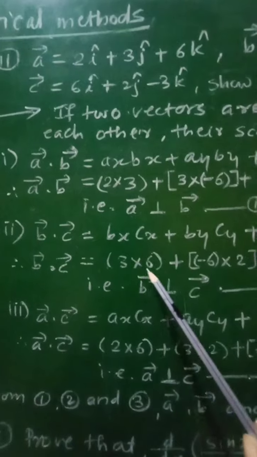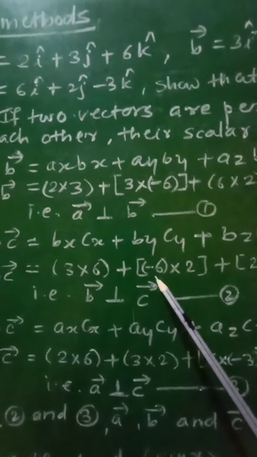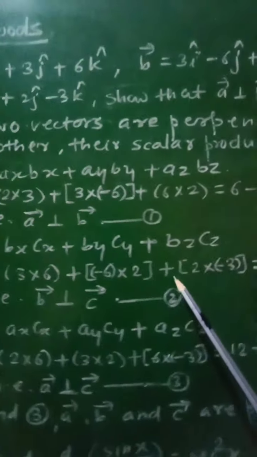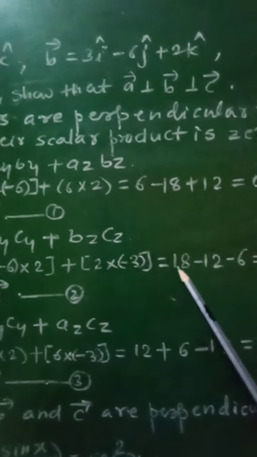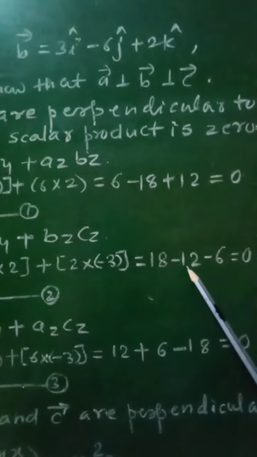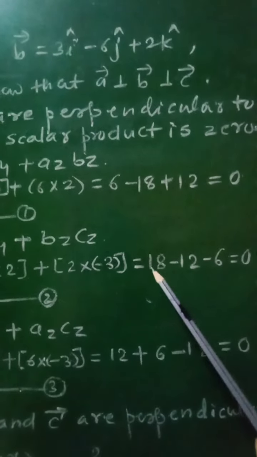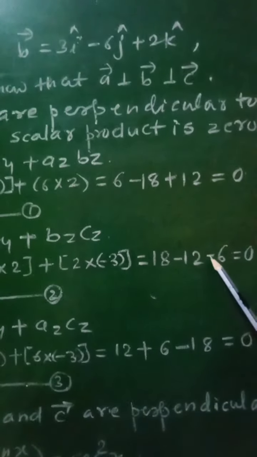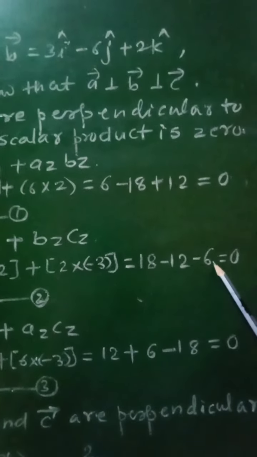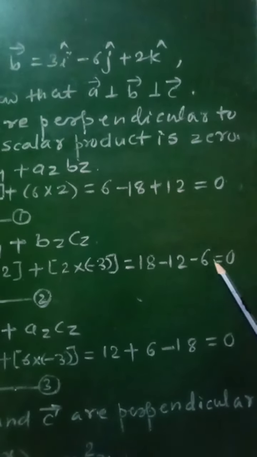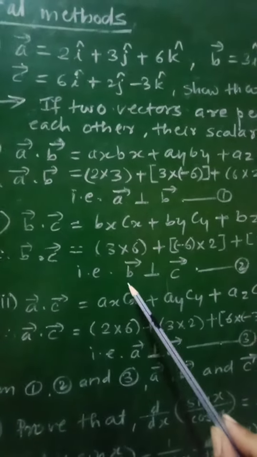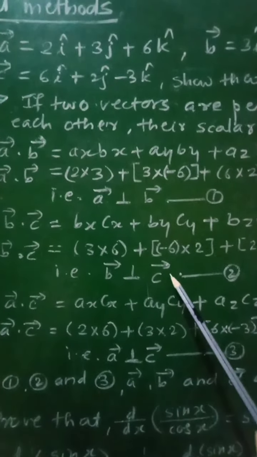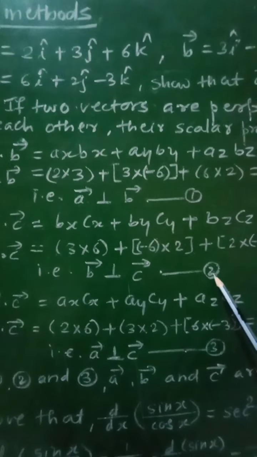Putting the values, 3 into 6 plus minus 6 into 2 plus 2 into minus 3, which comes out to be 18 minus 12 minus 6, which is 0. So for vectors B and C, again their scalar product is equal to 0, therefore we can say that vector B is perpendicular to vector C, as equation number 2.